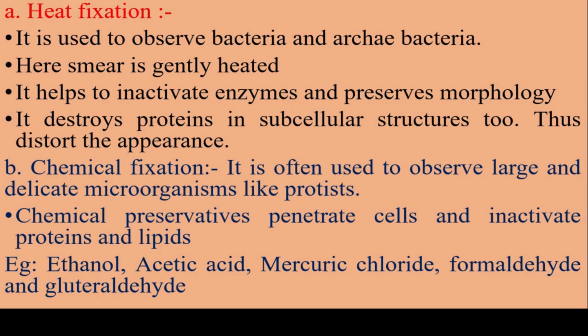Chemical preservatives penetrate cells and inactivate proteins and lipids inside the cell. Examples of chemical fixatives are ethanol, acetic acid, mercuric chloride, formaldehyde and glutaraldehyde. These chemicals are used as chemical fixatives.